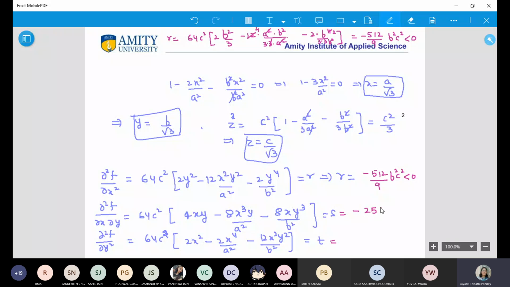Minus 256 a b c square by 9. Correct. And t? t is of similar pattern. See, whatever I have got here in place of b, I should get a. So I'm writing it, but I want you to test.